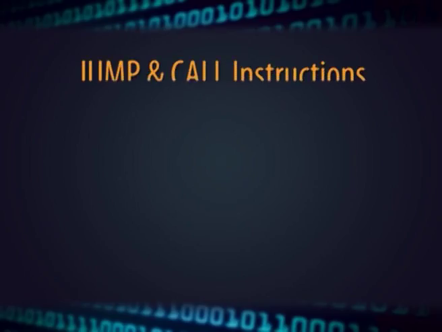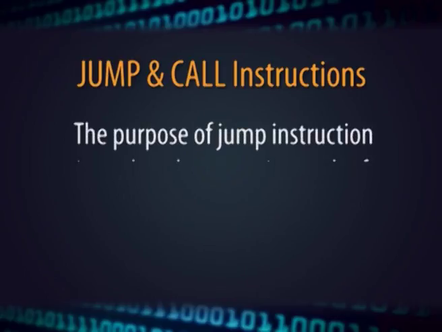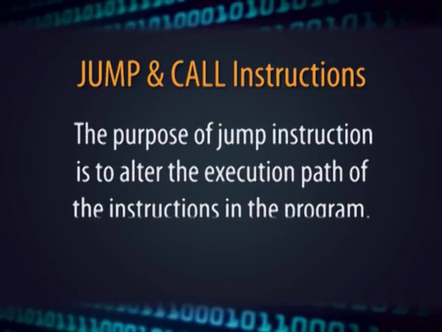The next category of instruction in 8086 microprocessor is jump and call instructions. The purpose of jump instruction is to alter the execution path of the instructions in the program. In 8086, the code segment and the instruction pointer keep track of the next instruction to be executed.